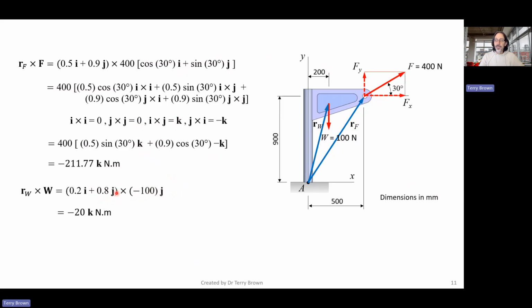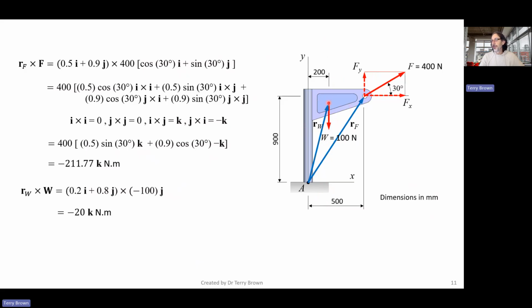So as we said before, it wouldn't have mattered what number we put here. It doesn't matter what we assumed for the point of application of this weight force, it wouldn't have changed the answer, which also indicates that, as we said before, we can define our position vector anywhere along the line of action of the force, and we'll still calculate the same moment.